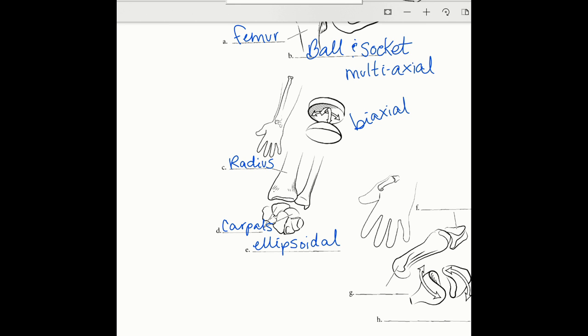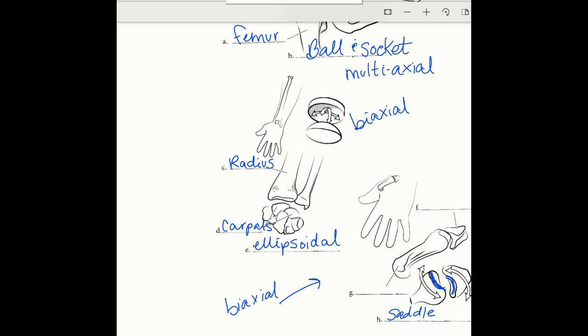Also biaxial, but similar to ellipsoidal, we have the saddle joint. A saddle joint is also biaxial. We can do very similar movement. We can get a little bit of adduction, abduction, flexion, extension, but this time the bones where they are connecting are concave, kind of like the saddle of a horse.